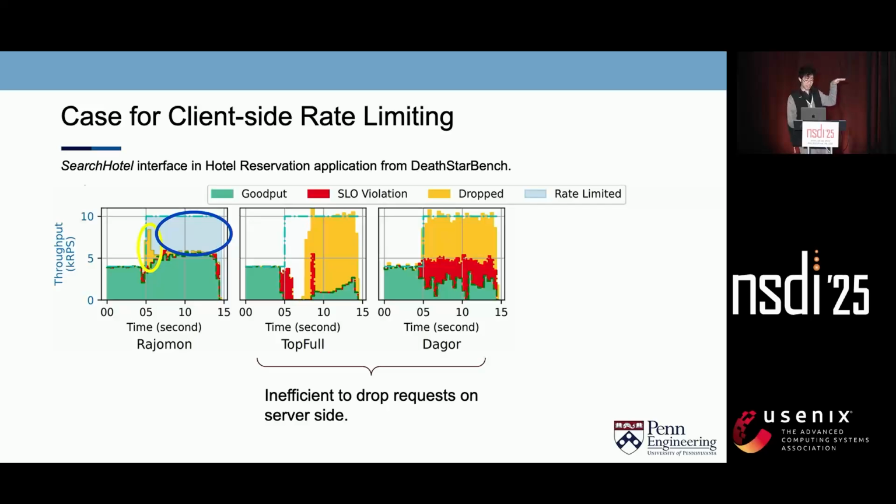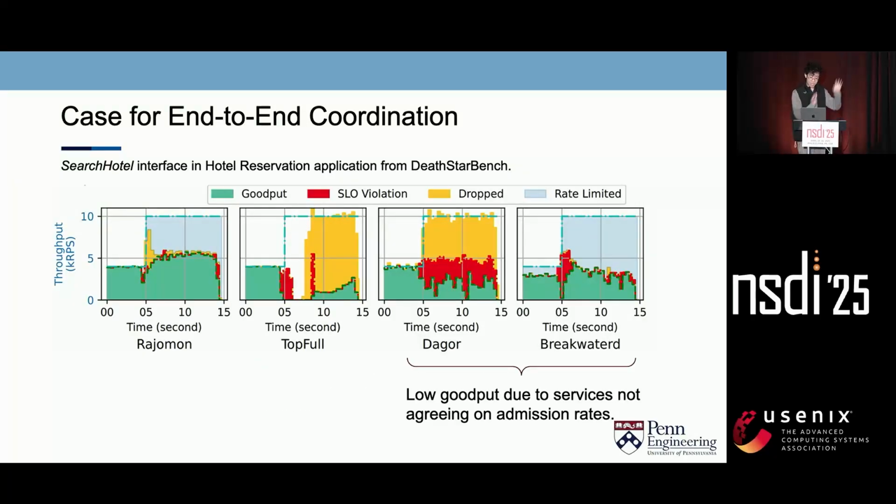Well, Dagor actually has the same throughput at 5K RPS, but half of them are violating the SLOs because they extensively drop a lot of requests in the middle of the graph. That's not good. And with another baseline, Breakwater-D, we see something different again. Breakwater-D and Dagor both run anywhere on the graph, but they don't have coordination.